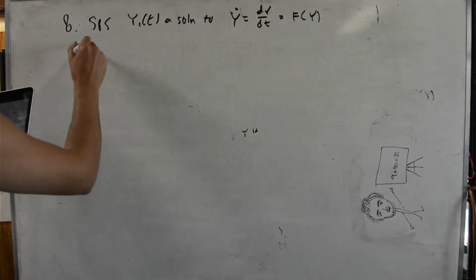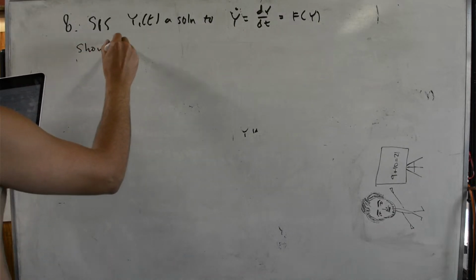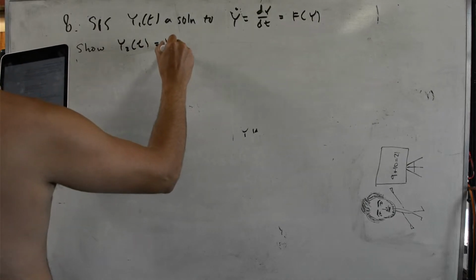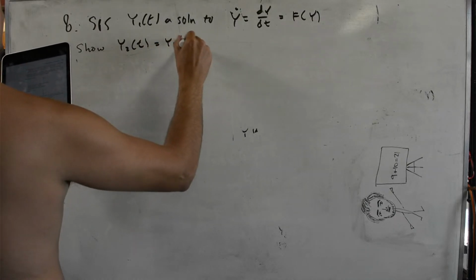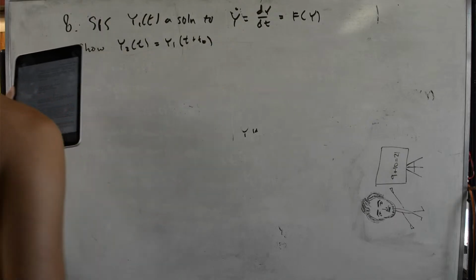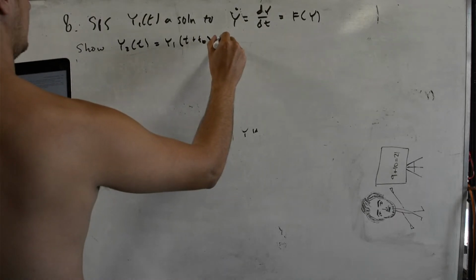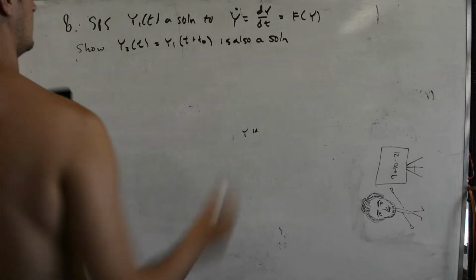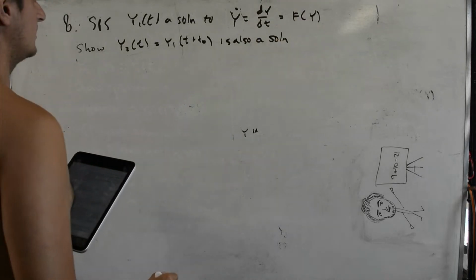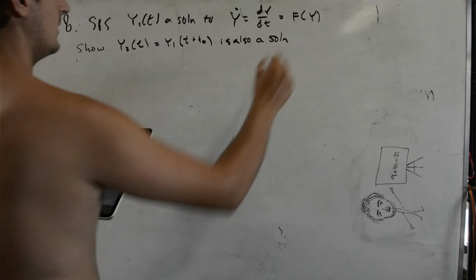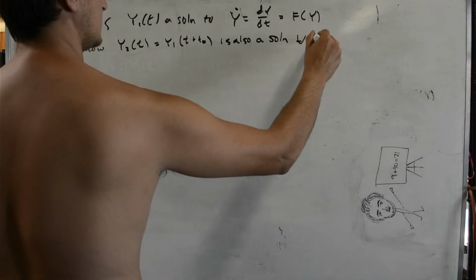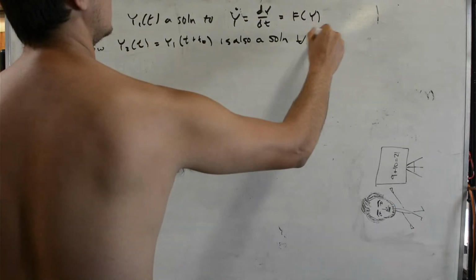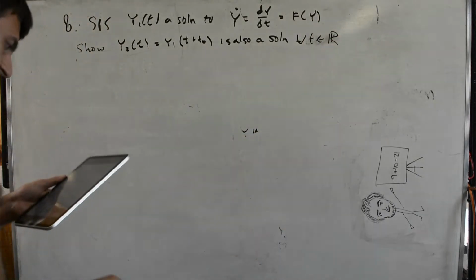So we want to show that y2 of t is equal to y1 of t plus t naught is also a solution, for all t and for all constants.